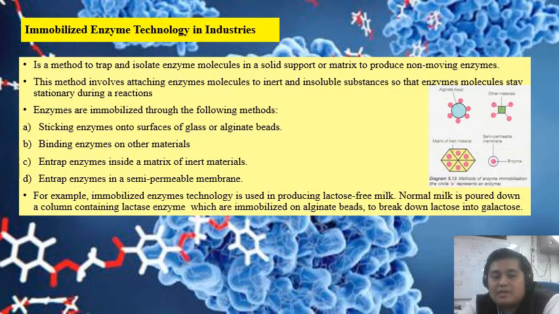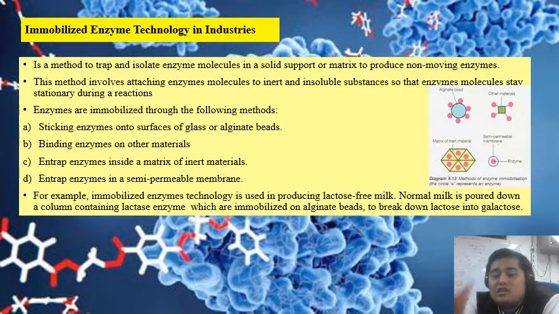For example, immobilized enzyme technology is used to produce lactose-free milk. So macam kita tahu, dalam susu kita ada laktosa. Tapi untuk orang-orang yang lactose intolerance, dia tak boleh nak minum minuman yang berlaktosa. Contohnya macam susu, keju, dia tak boleh nak makan benda tu. So apa yang kita boleh buat untuk dia? So kita akan neutralkan dia, kita akan buang dia punya laktos.